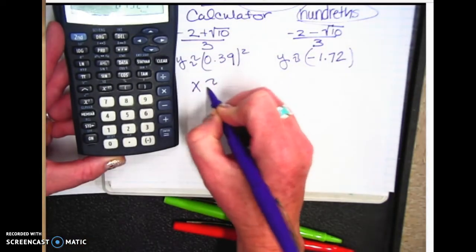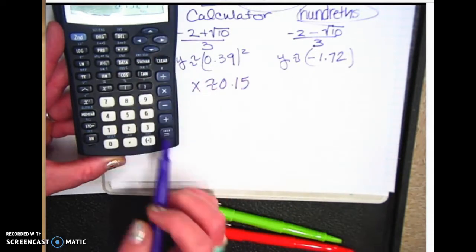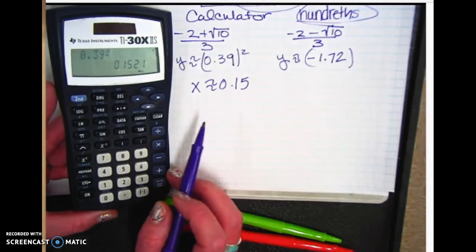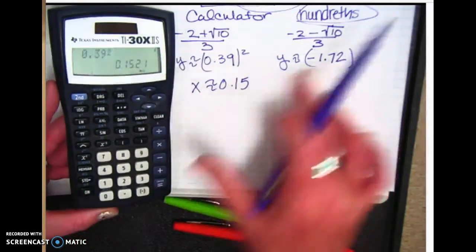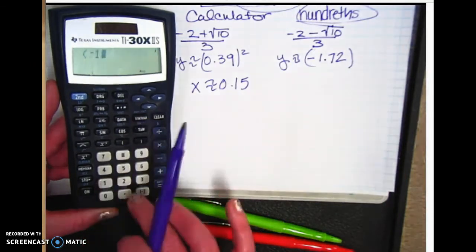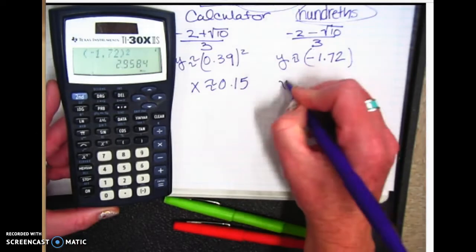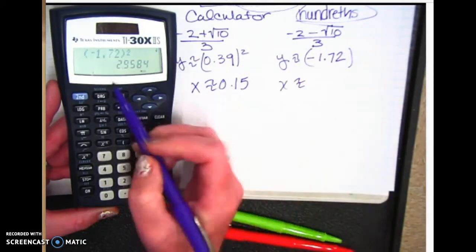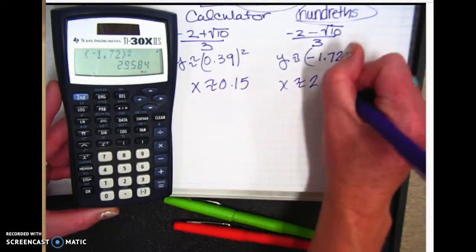So x is roughly 0.15, and there's a 2 next to it, so it stays. Oops, sorry, and there's a glare. And then this one, because it's negative, you're going to want to put it in parentheses. Negative 1.72. Square it. So this one is roughly 2.95, but there's an 8 next to it, so it rounds up to 2.96.